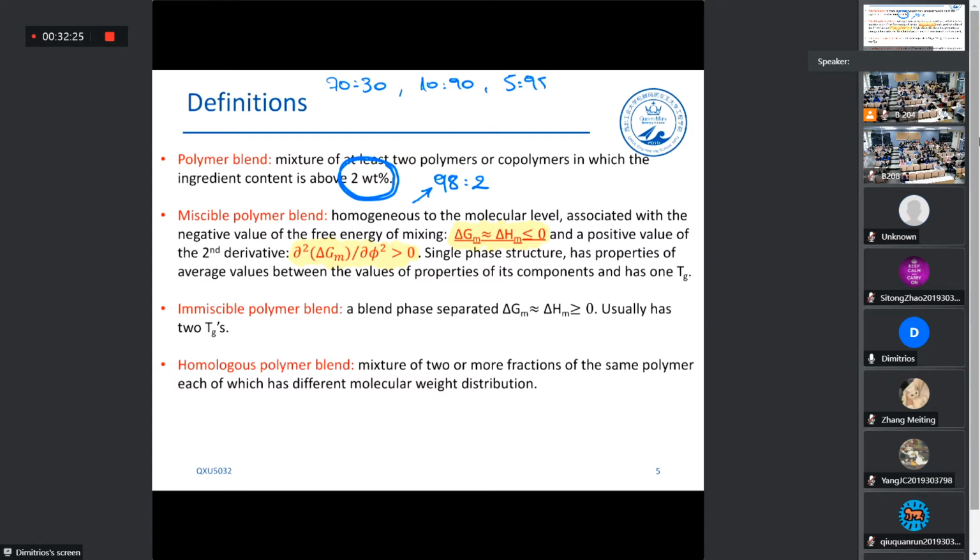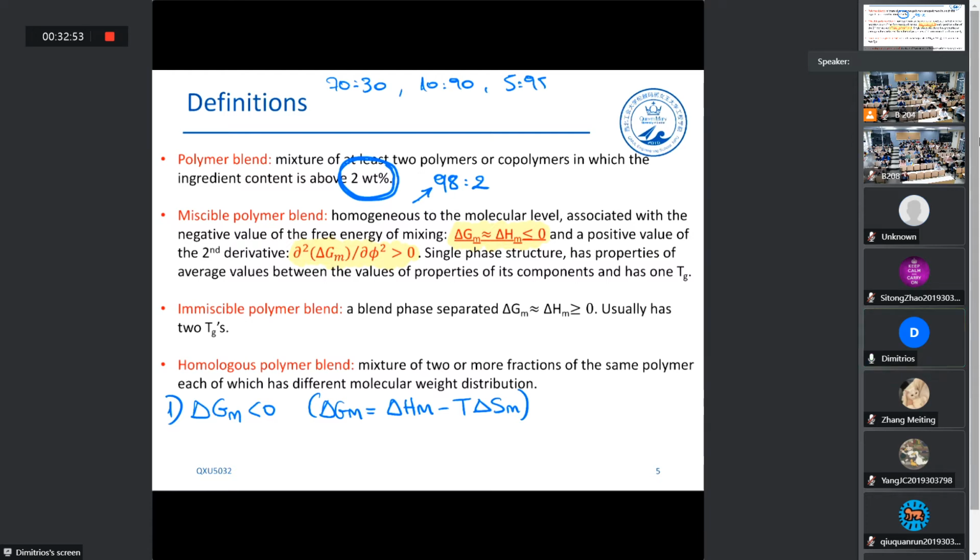So we said we have two conditions for miscible blends: negative Gibbs free energy, where the Gibbs free energy, you remember, is given by delta G of mixing equals delta H of mixing minus T delta S of mixing.